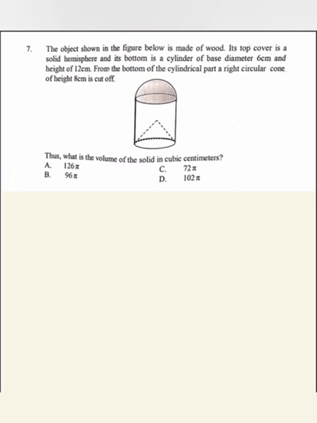The object shown in the figure below is made of wood. Its top cover is a solid hemisphere and its bottom is a cylinder of base diameter 6 cm and height 12 cm.